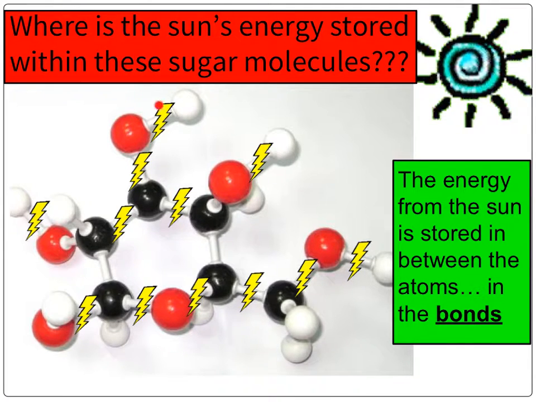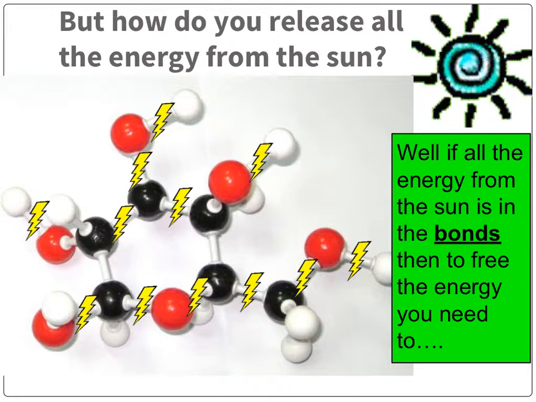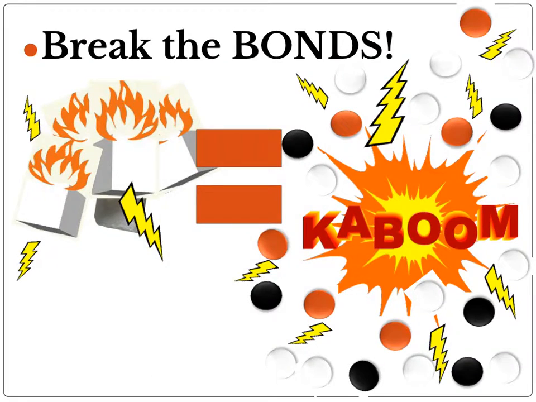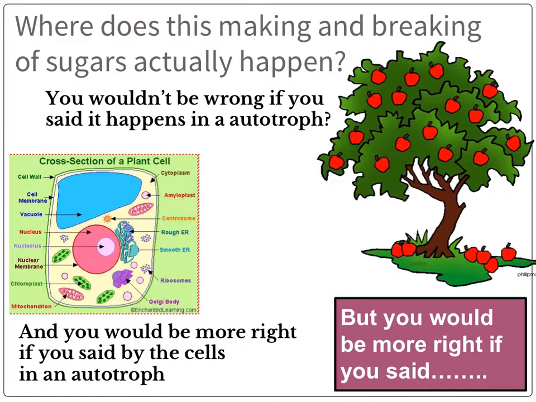All the bonds that are made during photosynthesis are storing that solar energy. But how do you release the energy within those bonds? Well, to release the energy within the bonds, you're going to need to break the bonds. Kaboom! But where does this making and breaking of sugars actually happen?